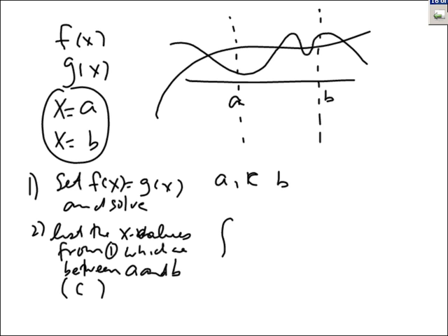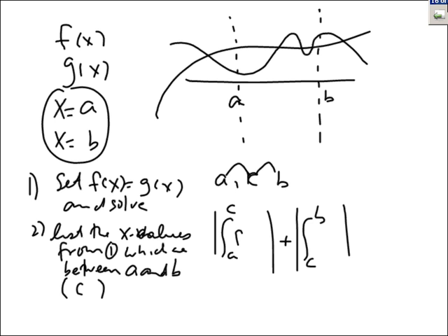So you'll integrate from A to C, absolute value, plus you'll integrate from C to B, absolute value, and you'll integrate f minus g, or g minus f. Doesn't matter, because if you do it backwards, the absolute values will take care of it.